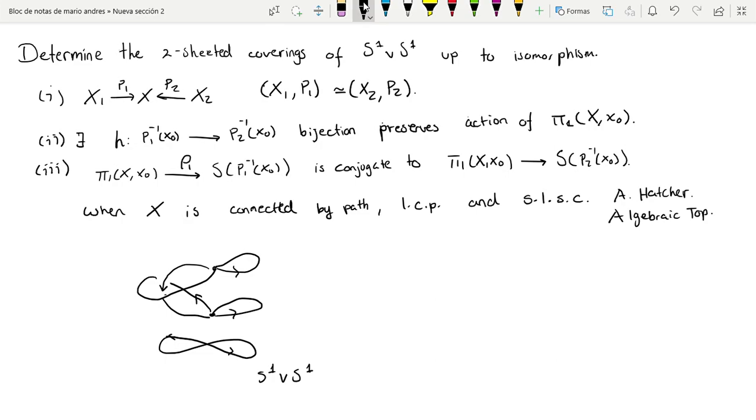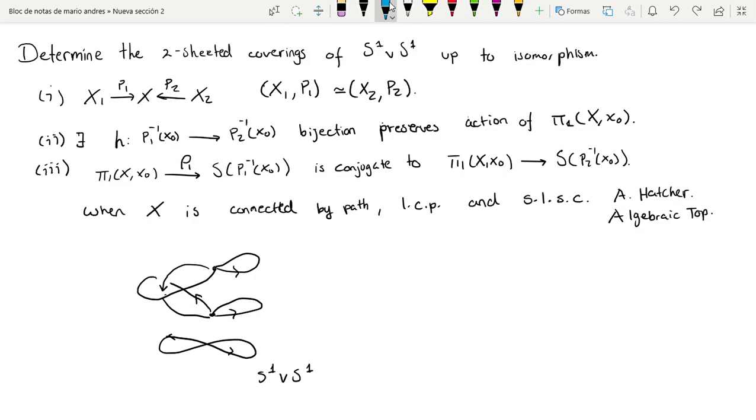Okay, so let's clarify what the action does on the fibers, right? Suppose we have this loop that we are naming V, that what it does is it goes like this, right? So this loop determines a homotopy class that is an element of the fundamental group.